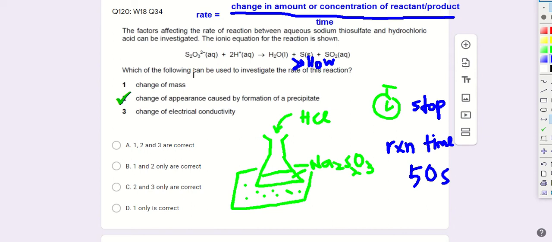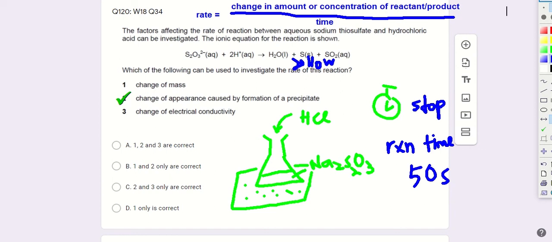Now this reaction, same reaction. Can we measure the change of mass to help us investigate the rate of reaction? Now we normally measure change of mass when we have a reaction that involves formation of gas.